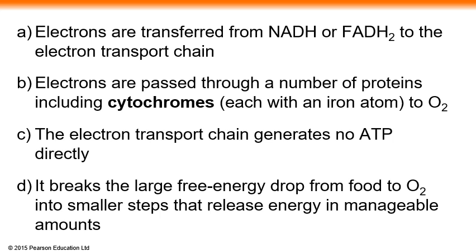The electron transport chain generates no ATP directly, but produces it indirectly. It breaks the large free energy drop from NADH to O2 into smaller steps that release the energy in manageable amounts.